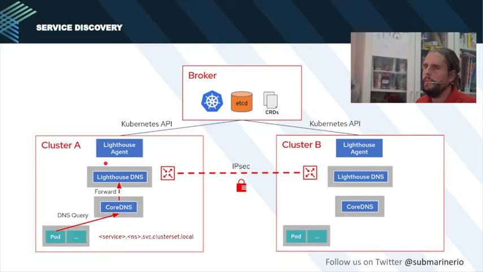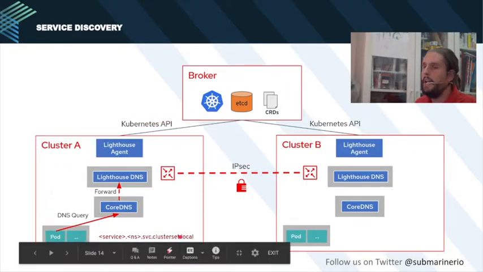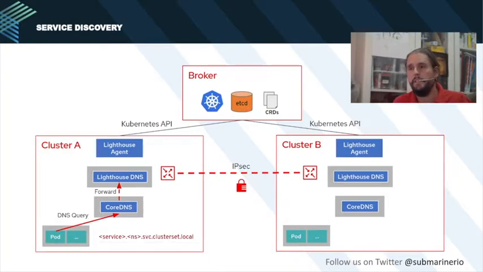The Lighthouse solution is made of two main parts. One is the Lighthouse agent, and the other one is the Lighthouse DNS plugin for CoreDNS. So the Lighthouse agent is responsible for synchronizing back and forth the exported services to and from the broker. It will create imported services locally on the cluster, and that can be found by the Lighthouse DNS.